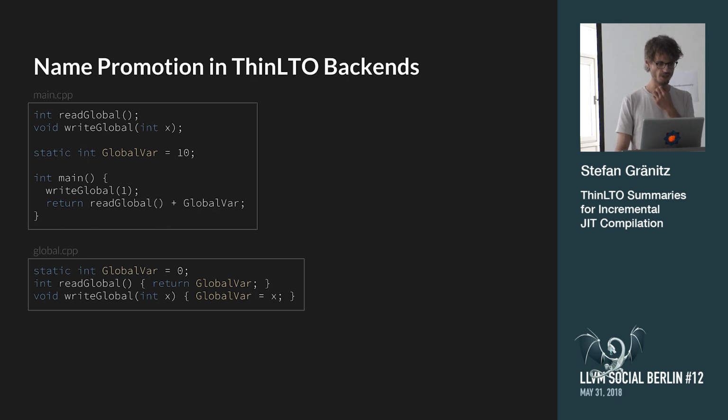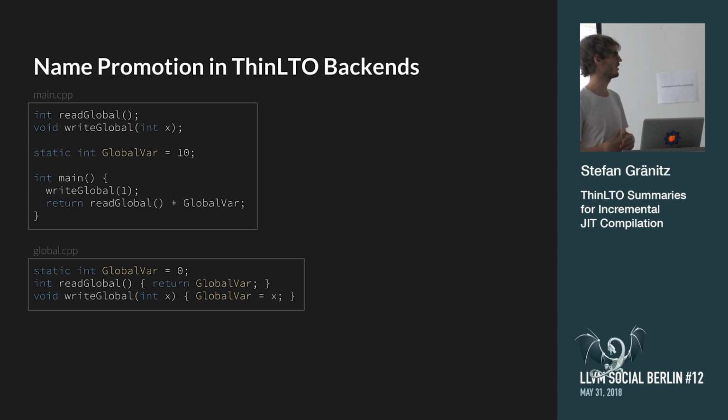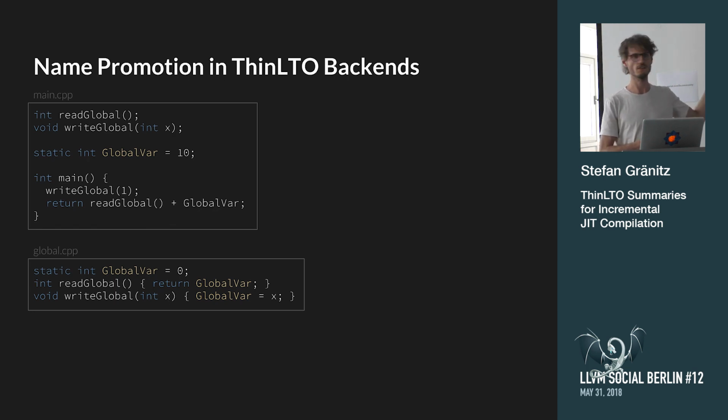Name promotion in ThinLTO backends. This is a very simple example. Can you read the code? It's a little small. We have two function declarations at the top: read global, write global. We have a global variable in our main translation unit, and we have a main function that calls both functions, adds the value of this global, and returns that.